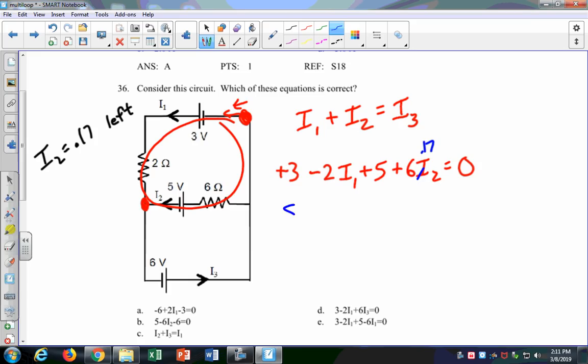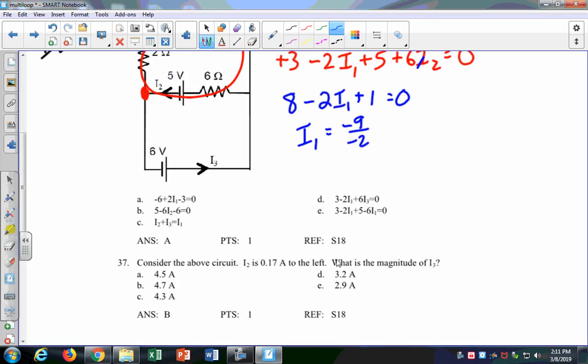So I get 8 minus 2I1 plus, what's that, 0.6 times 1.02 or something? 1.02, let's just call it 1. And that's equal to 0. So I1 is equal to negative 9 divided by negative 2, or 4.5 amps.